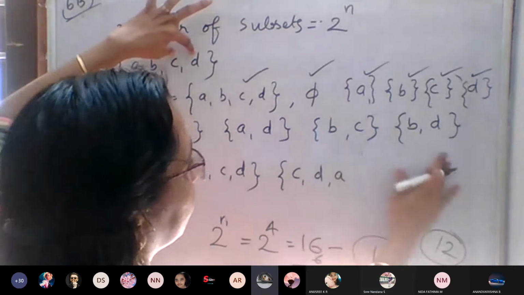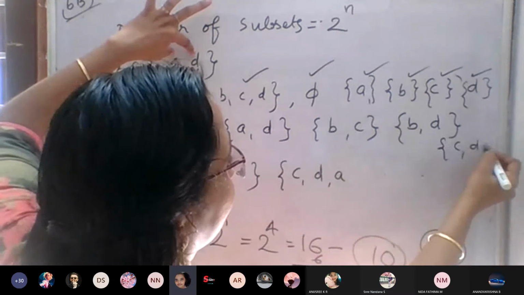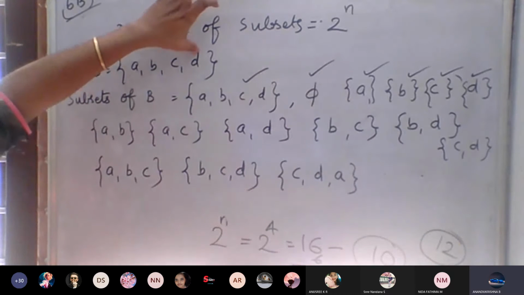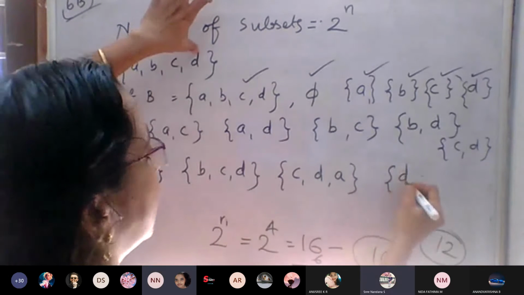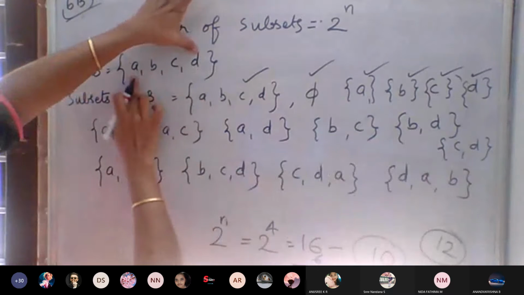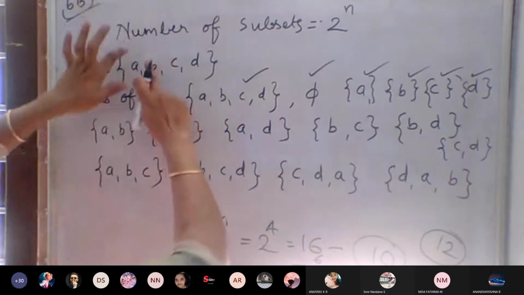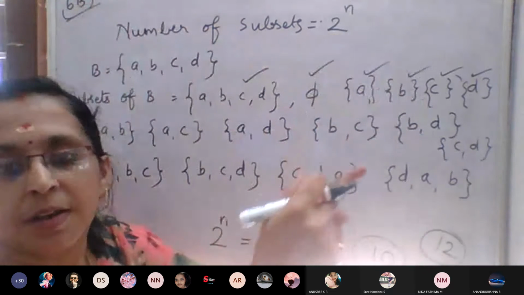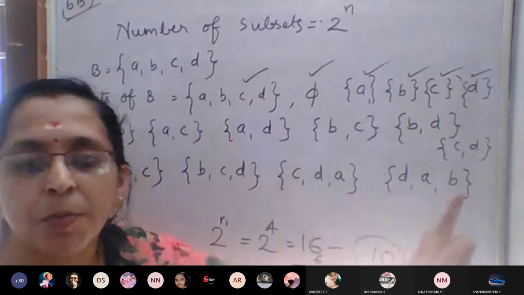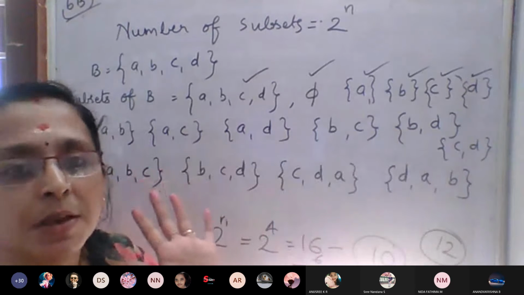Set DAB. So if you are taking that in proper order, then you will get the correct answer. Understood? That order it should be correct. Then it will be easy.